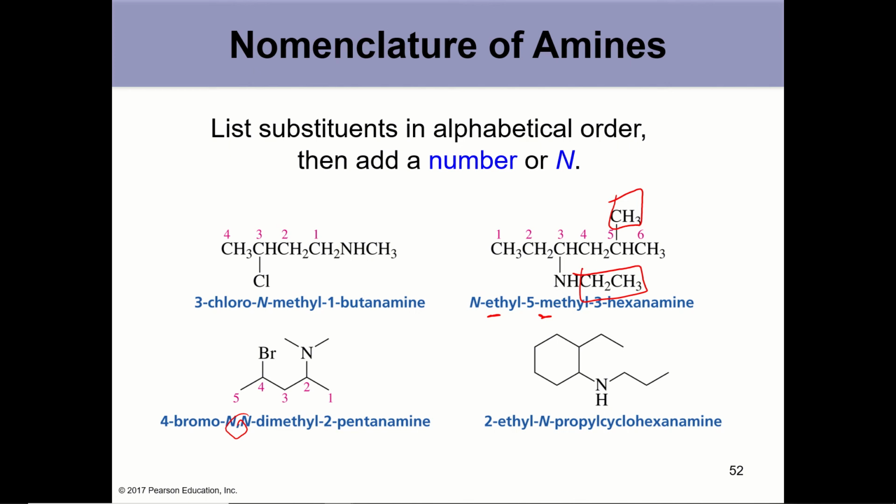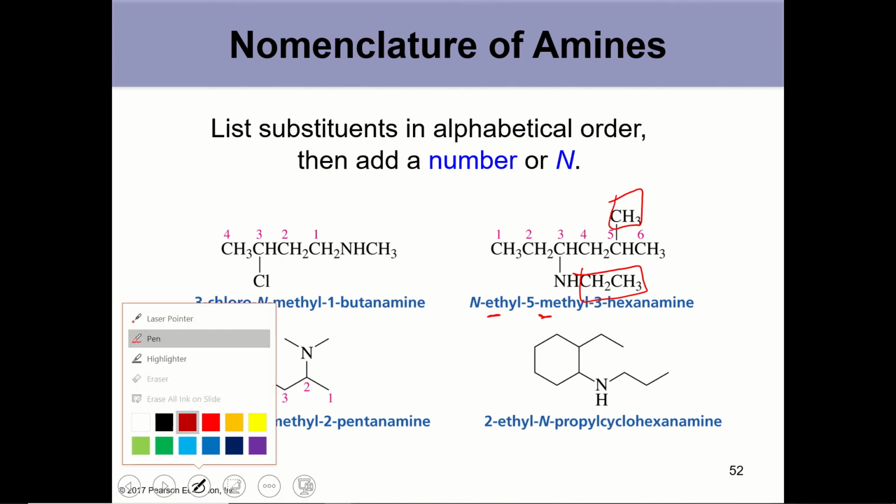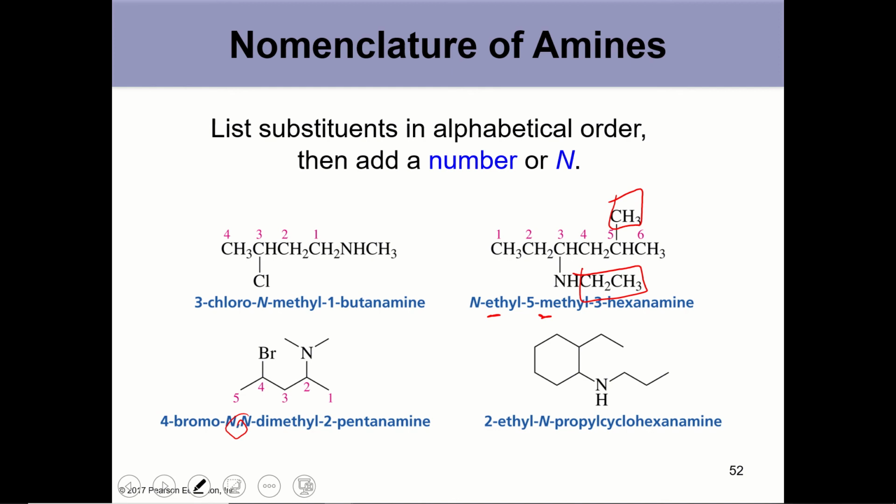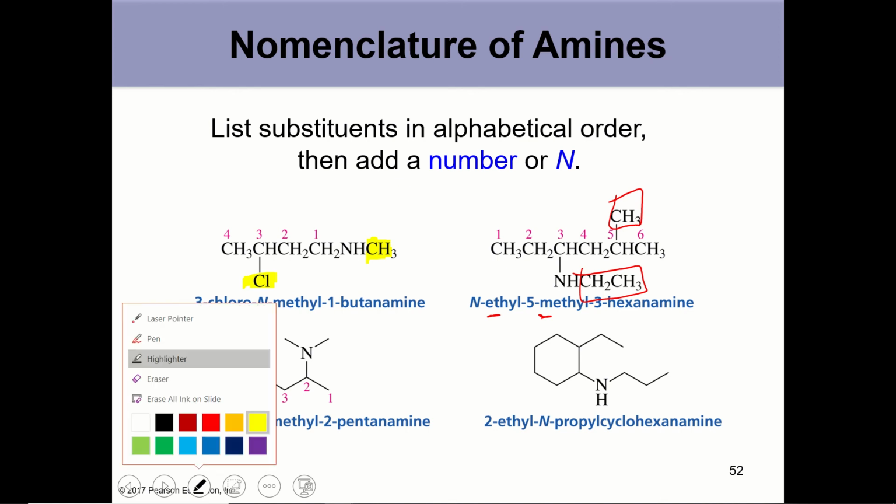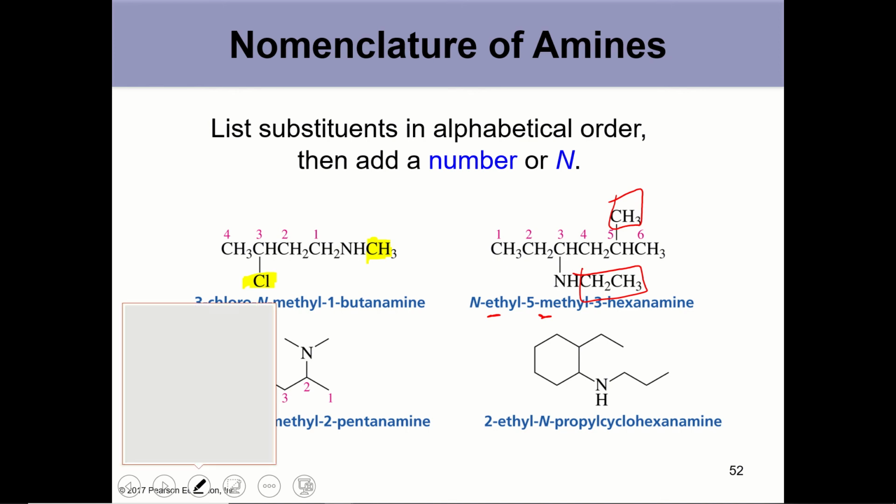So on our first molecule, our substituents, we can highlight in yellow. And our substituents are chlorine and methyl. Methyl is bonded to a nitrogen, so that is an N-methyl substituent. And chlorine is bonded to carbon 3. So we can write out those groups.